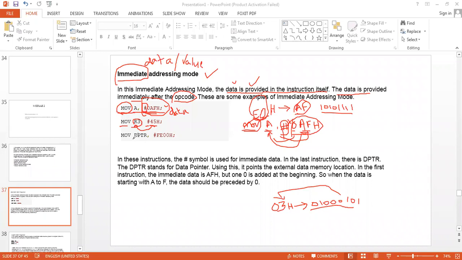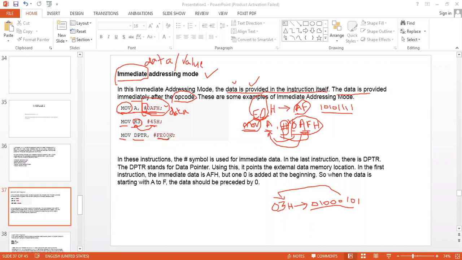One more register we have seen: DPTR. We know that DPTR is the data pointer register, which is a 16-bit register. So MOV DPTR, what has to be moved? FE00H.